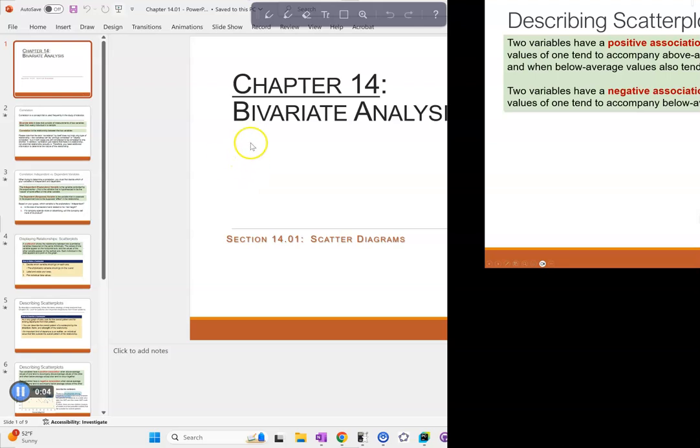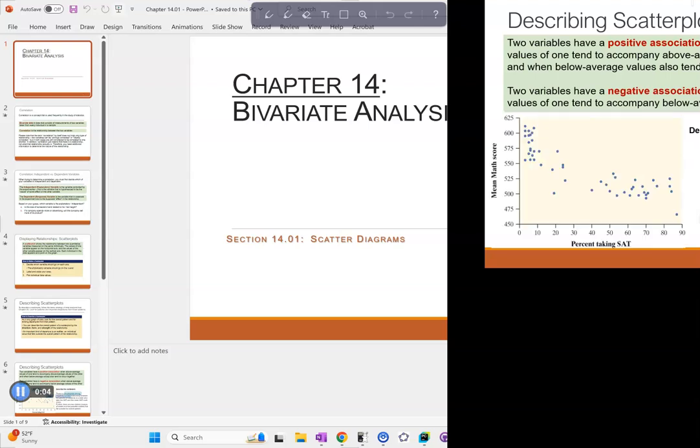So again, when we talk about direction, we talk about positive association or negative association, basically just whether it's trending up or trending down. Slope, basically, is all we're talking about here. So if we look at this example, what would the direction be? Negative, because it goes down as we move from left to right. Everybody agree? What would the form be for this?